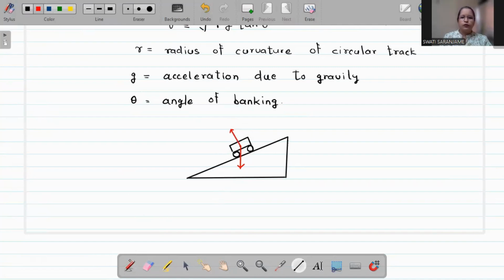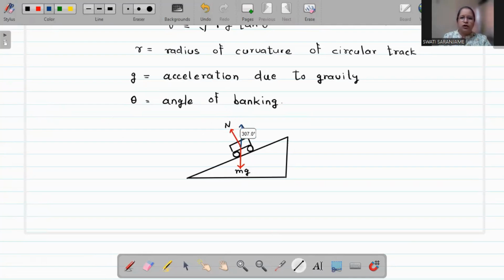So the two main forces acting on this car when it is driven on this incline or banked road are weight mg and the normal reaction exerted by the road surface. We want to know which component of this normal reaction is balancing the weight and which is providing the necessary centripetal force for having a turn on this curved banked road.